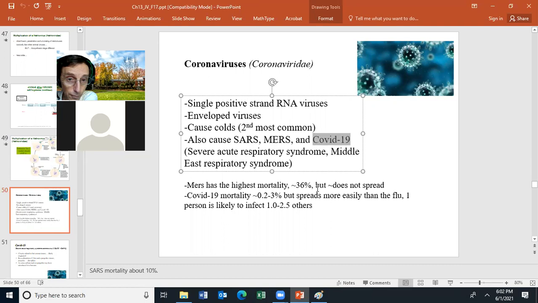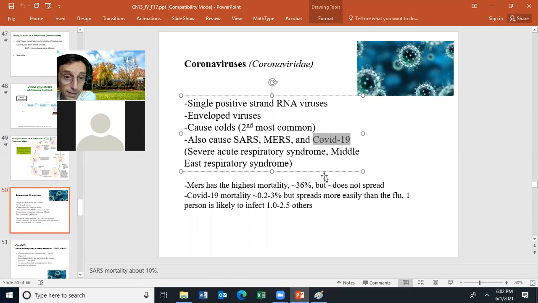All the people who have gotten MERS have been in close contact with camels. So apparently MERS is a virus that camels have, and occasionally it crosses over from camels to humans. And when humans get it, it's very serious. Like I said, about 36% of the people die.